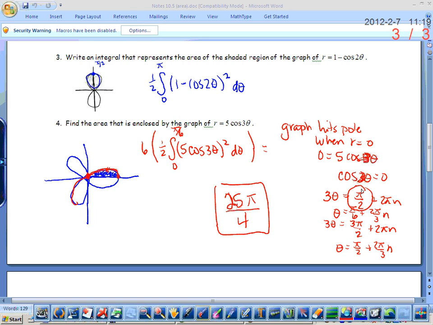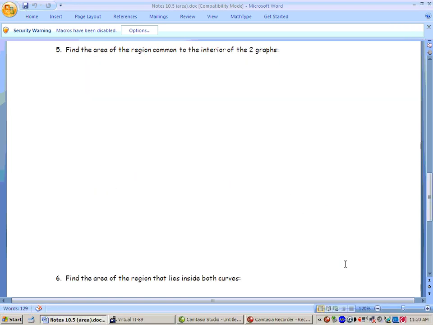I didn't have to find all of the general solutions there. So if you think ahead to what would be the easiest region to find the area of, and usually it's from 0 to the first time it hits the pole, then you don't have to go through that whole general solution stuff.